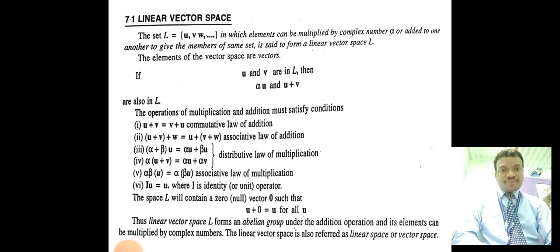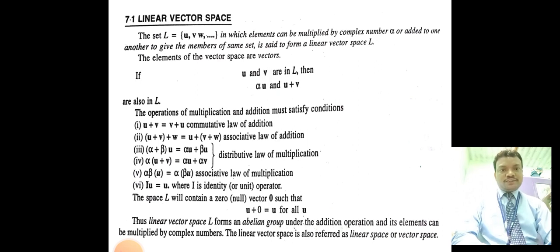Third, they obey the distributive law of multiplication, that is alpha plus beta into u is equal to alpha u plus beta u, or alpha into u plus v is equal to alpha u plus alpha v. Then they also obey the associative law of multiplication, that is alpha beta into u is equal to alpha into beta u.